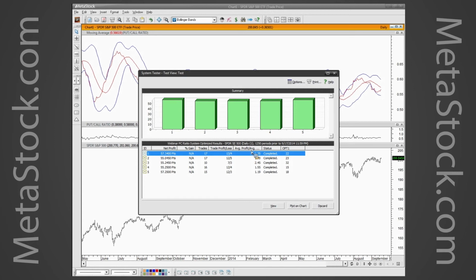I personally would probably want something that shows good average profits per trade and has a high ratio of winning to losing trades, as opposed to a system that generates a profit off of just a small number of trades. And let me just also go back and make another point about the optimizing.